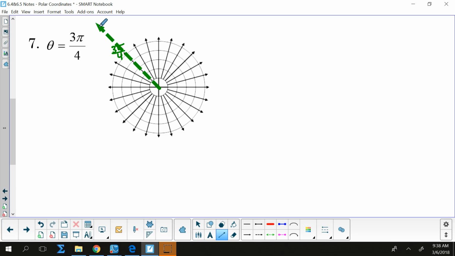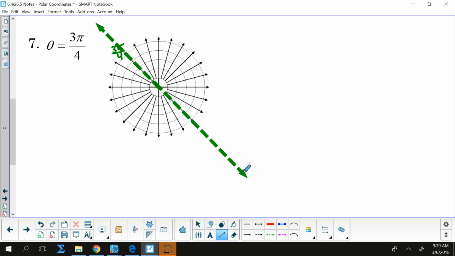What other kinds of numbers are there? There's negative numbers, right? So if I have negative r values, if r truly doesn't matter, then which way is that going to go? Through the pole going in the opposite direction, right? So that would be this way, correct?